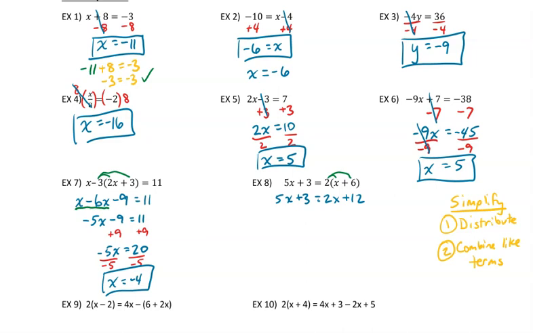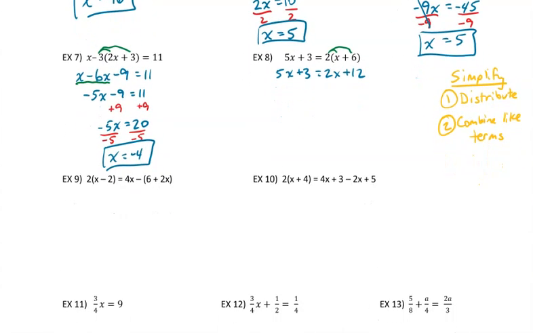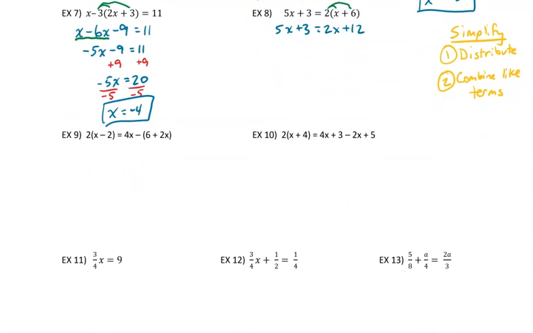So it does not matter if you want to move x to the left or to the right. I'm going to go ahead and just move it to the left. So in this case, since we have a positive 2x, I'm going to subtract 2x.